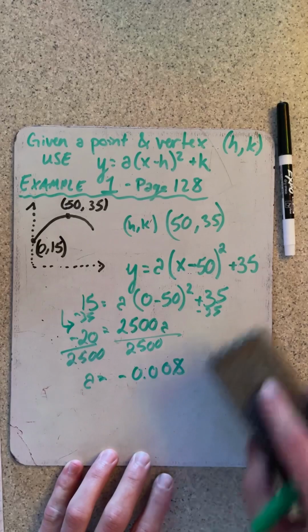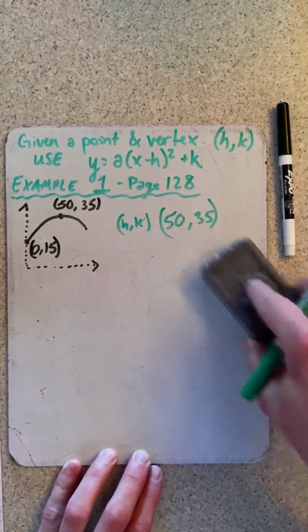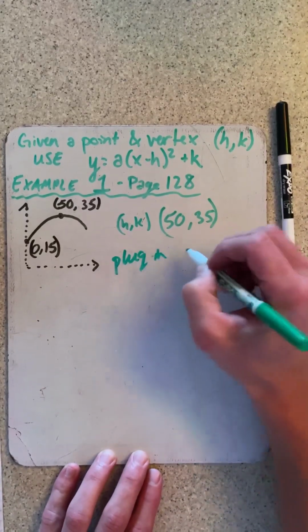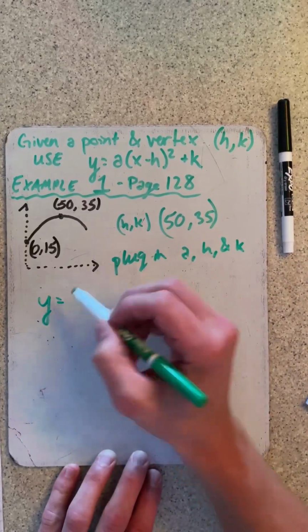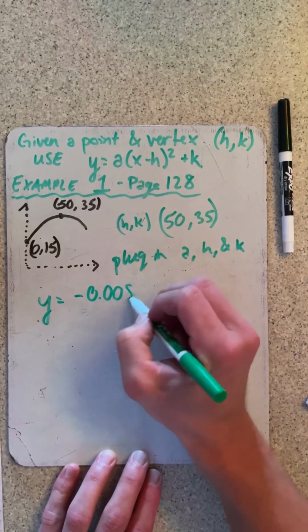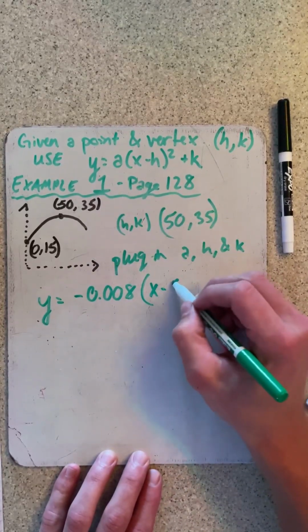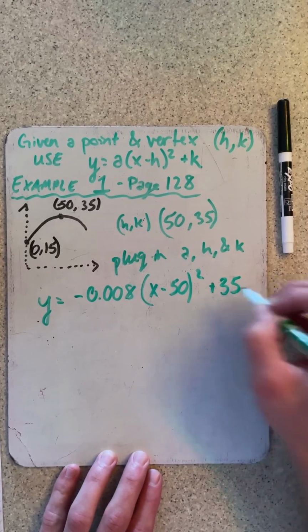So now, I've got a. I'm going to go ahead and erase this, give myself some room here. So what I'm going to do now is plug in a, h, and k. So I get y equals negative 0.008, open, that's my a, x minus 50 squared plus 35.